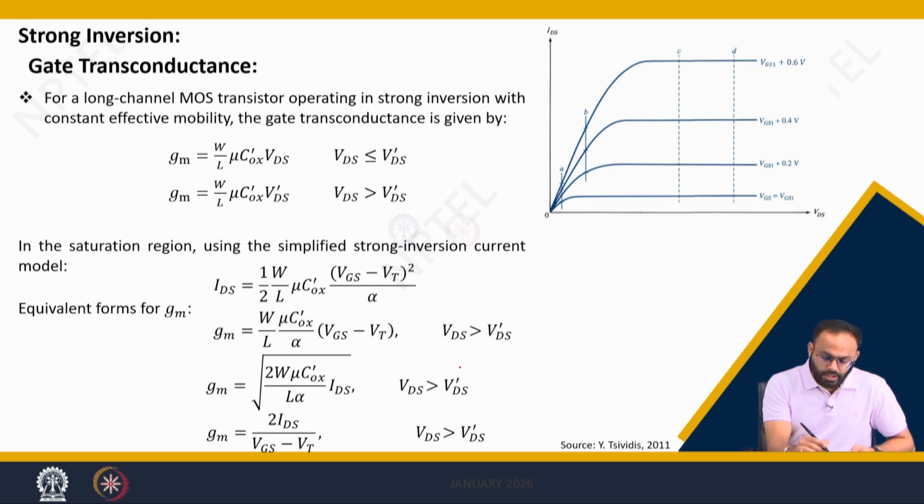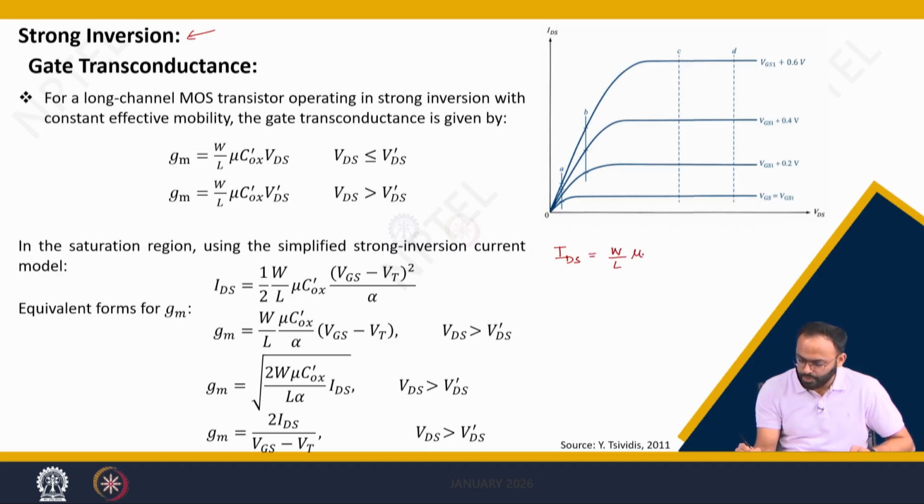First, we consider the strong inversion region of operation. We know that the current equation in strong inversion can be given by W divided by L, mu into COX dash, into VGS minus VT into VDS minus alpha into VDS square divided by 2.